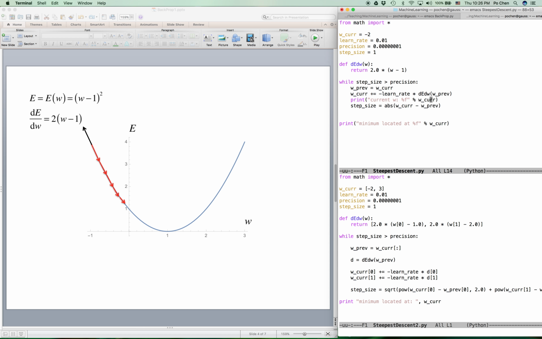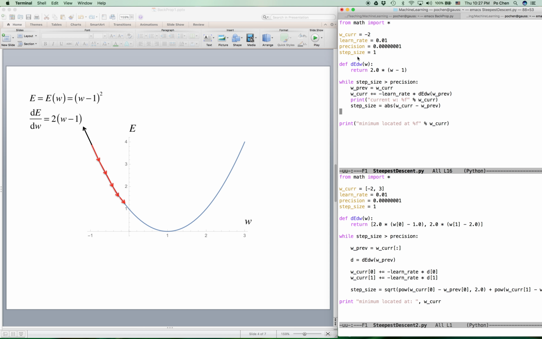And then on the third line, we just print out the modified value for the W. So here we have made the change to the W, and now we just want to print out the changed W onto the screen, so we can actually see what the change is. And then on the last line, the fourth line inside the loop, we just update the step size.